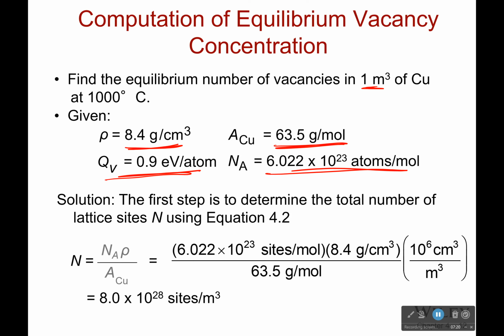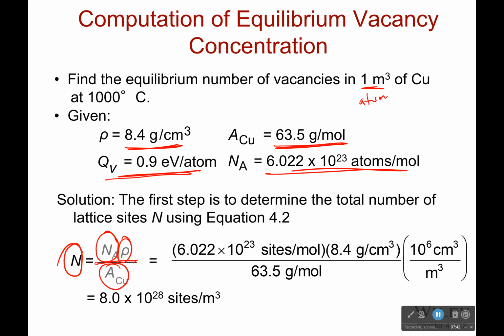So I'll go ahead and help you out with that. We want to solve for the number of atoms, and that's simply going to be Avogadro's number times the density divided by the atomic weight. What that does is it takes Avogadro's number, which is atoms per mole, times the density, which is grams per centimeter cubed. Let's just look at the units here. That'll make more sense.